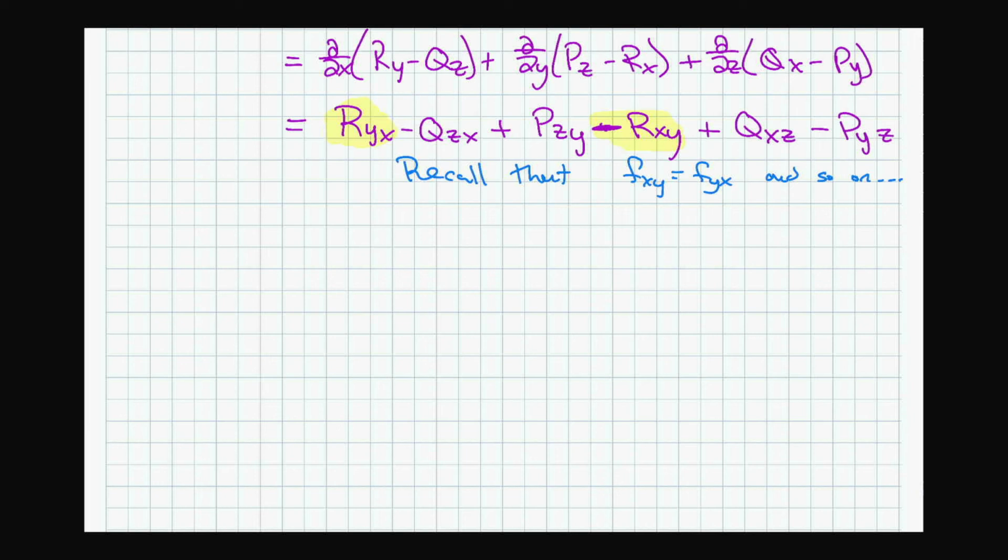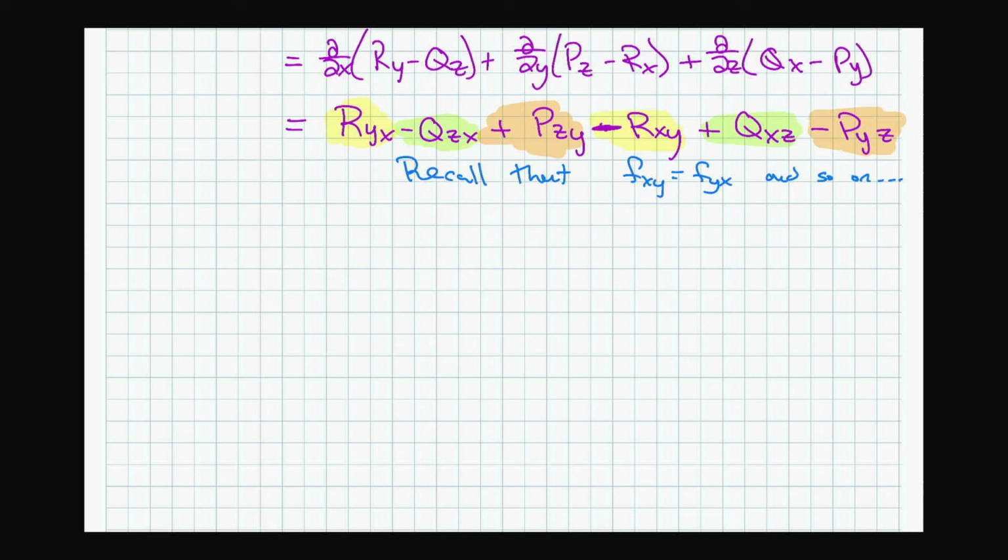So those are just going to cancel out. And then you've got negative Q zx, positive Q xz, and then you've got negative P yz, positive P zy, and so those are going to be equal for all the ones that I highlighted.